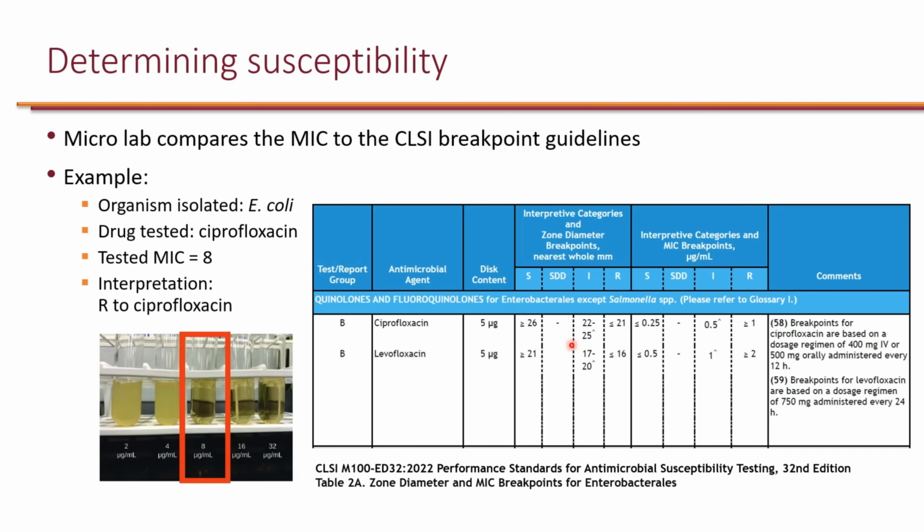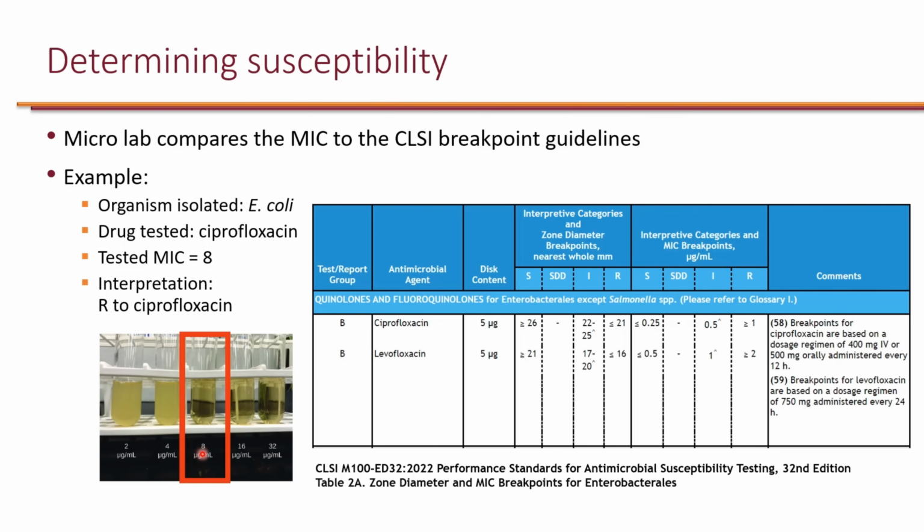Here's another example. Let's say we have identified E. coli, and then we did broth microdilution to see the MIC. Looking at this, you can see that this test tube is cloudy, and these 3 are clear. Which means that the organism E. coli was growing in these 2, but not here, here, or here.